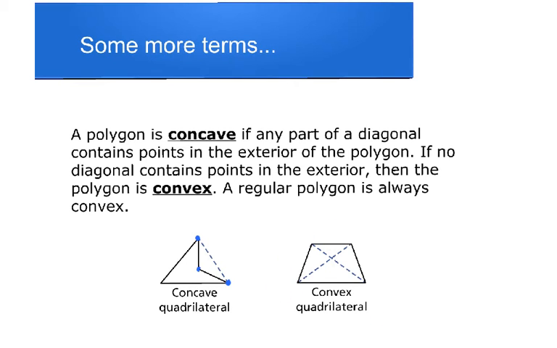A nice little hint right here, a regular polygon is always convex. I say this is a hint because in the next example you will see some polygons, and we're going to ask whether it's concave or convex, and that is a really nice statement there. A regular polygon is always convex.